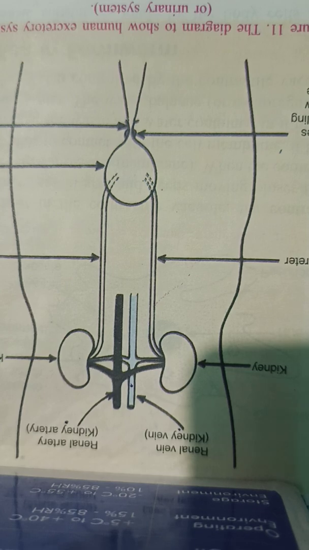Then come to the multicellular organisms. Multicellular organisms like sponges and coelenterata do not have certain excretory organs, so for them the excretion takes place from the body structure itself.